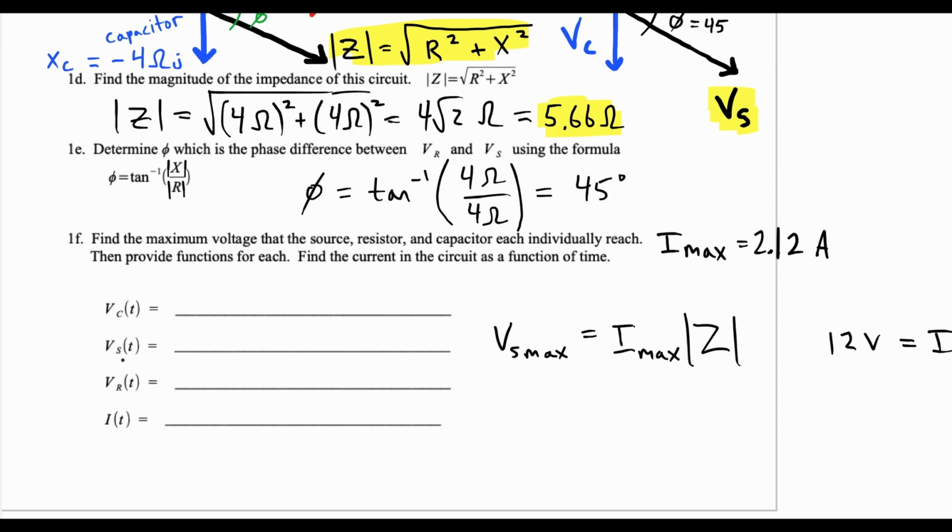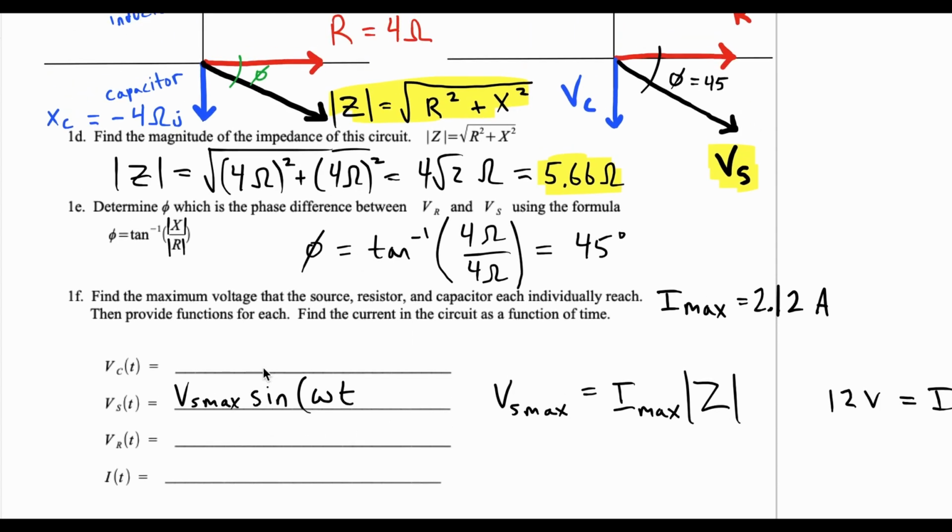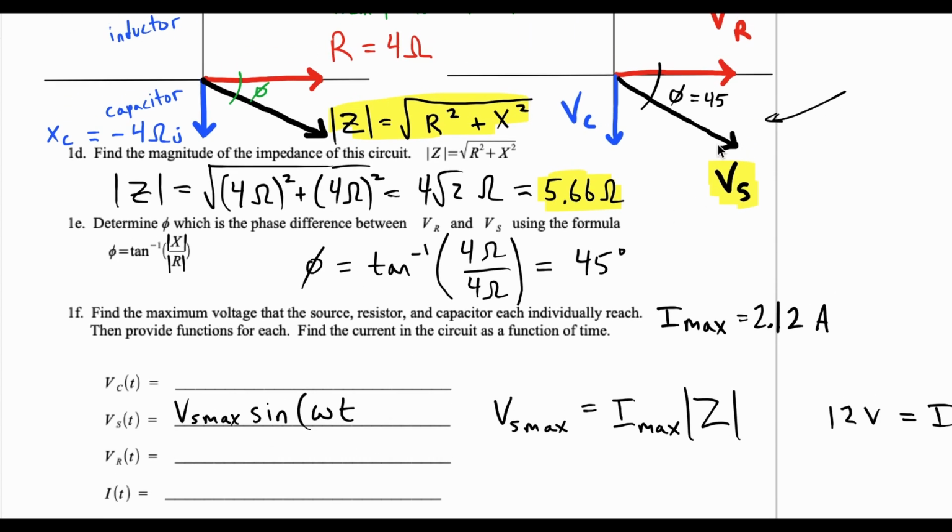Now, to create my function for Vs, I simply need to start with Vs max, and then I can use sine of some angular frequency omega times t. But I want to shift that a little bit, and here's why. The voltage of the source in my picture is not on the zero.